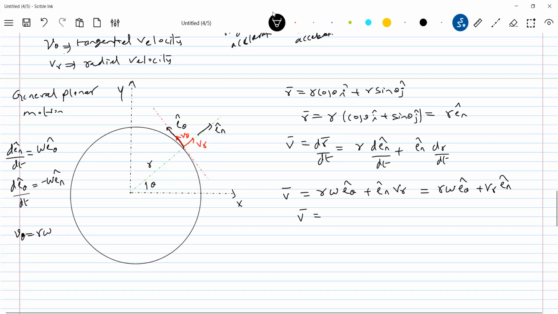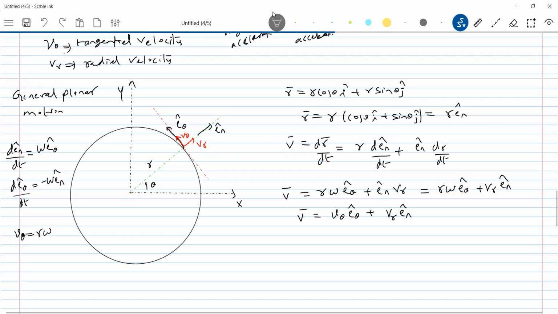Therefore r omega I'll write as V theta e theta cap. Then what is VR? VR is the radial velocity. If the radius is constant, put VR as 0. Are you getting the idea now? I'm not just describing circular motion; it's a generalized thing. If R is constant, VR will become 0. In the end, we are going to conclude like this.